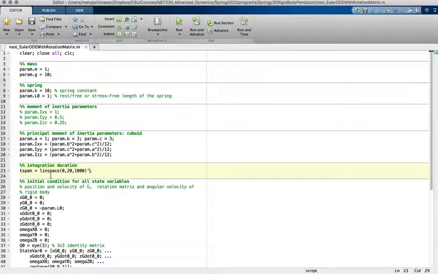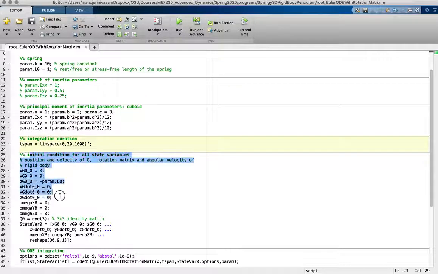Here we are defining the integration duration, and here we have all the initial conditions of all the state variables. So we want to track the position as well as the orientation. So this is the position of the center of mass in frame 0 at time 0. This is the velocity of the center of mass in frame 0 at time 0.